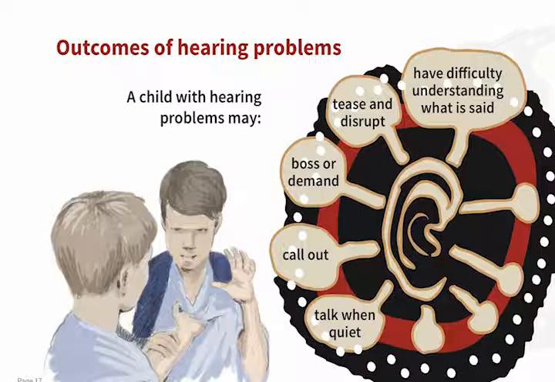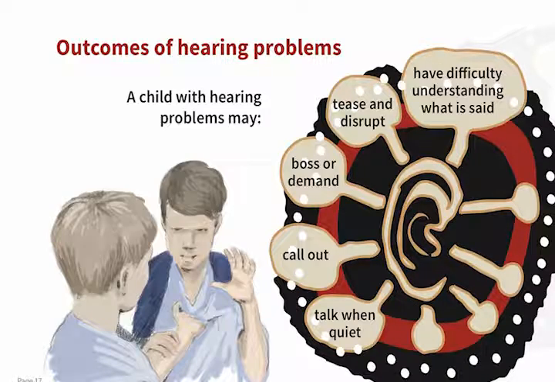So the outcomes of hearing problems that we've just heard about are having difficulty in understanding what's said, teasing and disrupting as a result of that, bossing and demanding, calling out, talking when quiet.